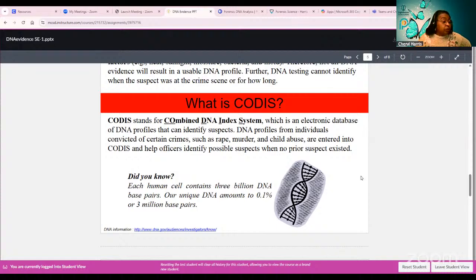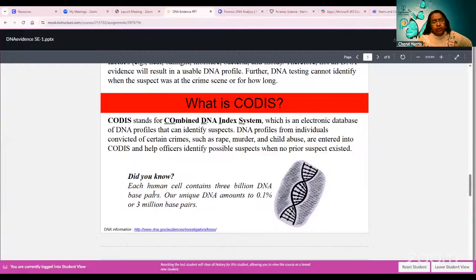So again, this is modern technology. We now have a database for everything. Once your fingerprints are on file, everybody can access your fingerprints in the country. Same thing with the DNA. Once it's on file, then anybody can access it across the country.